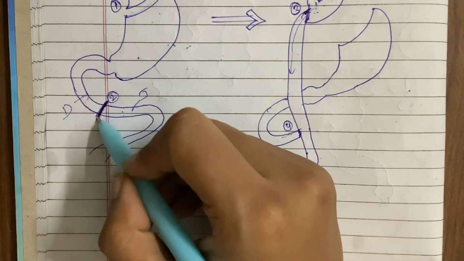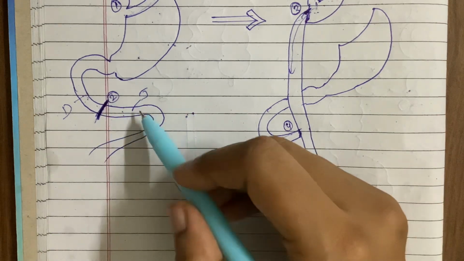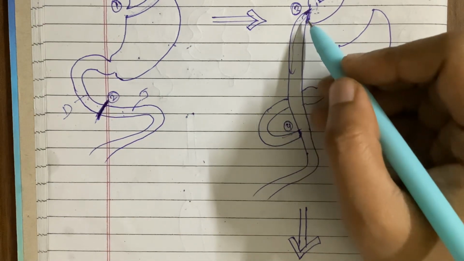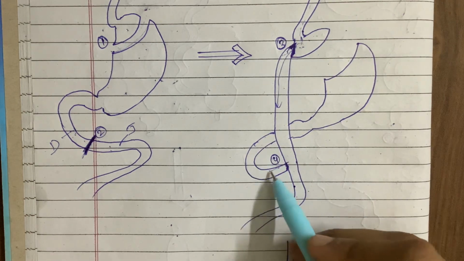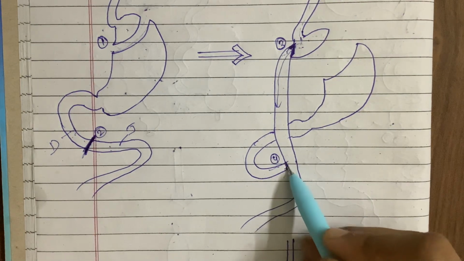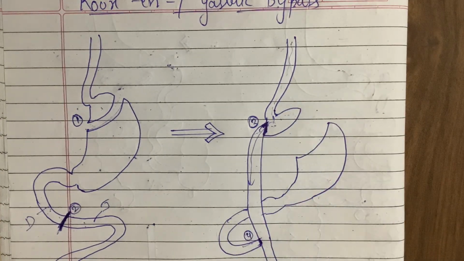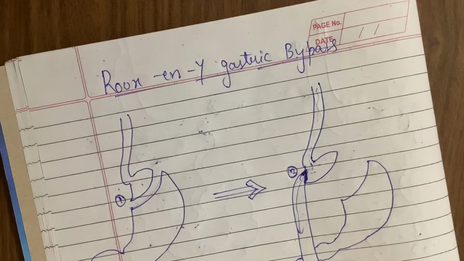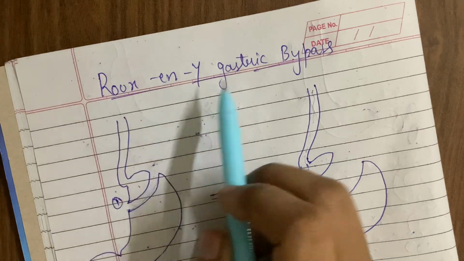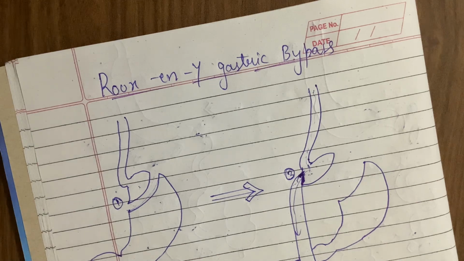Secondly, the duodenojejunal junction is cut, and the cut upper end of the jejunum is attached to this small pouch of stomach, and the lower end of the duodenum is attached to the jejunum at a lower point. So if we look at it, a Y shape is formed in our GIT. This is the reason why this surgical method is known as Roux-en-Y gastric bypass, and this is the most commonly used method of bariatric surgery.